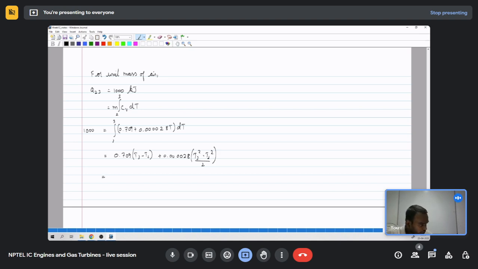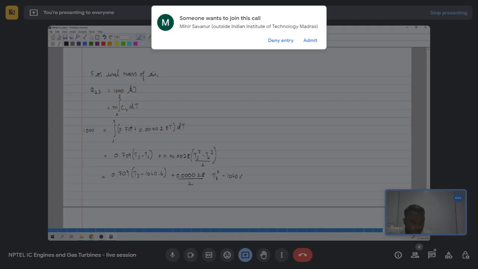We know the value of T2, so that is 0.709 (T3 minus 1040.6) plus 0.000028 by 2 times (T3 square minus 1040.6 square). Solving this, the value of T3 is 2362.2 Kelvin.